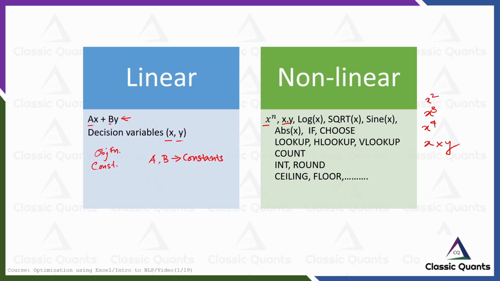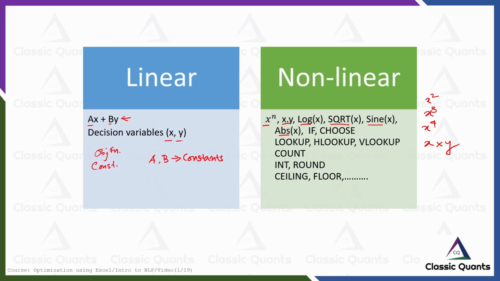Then log or square root, sine, absolute, every kind of other possibilities will give a nonlinear function, and in that case the problem will not remain linear. We'll call that a nonlinear program.